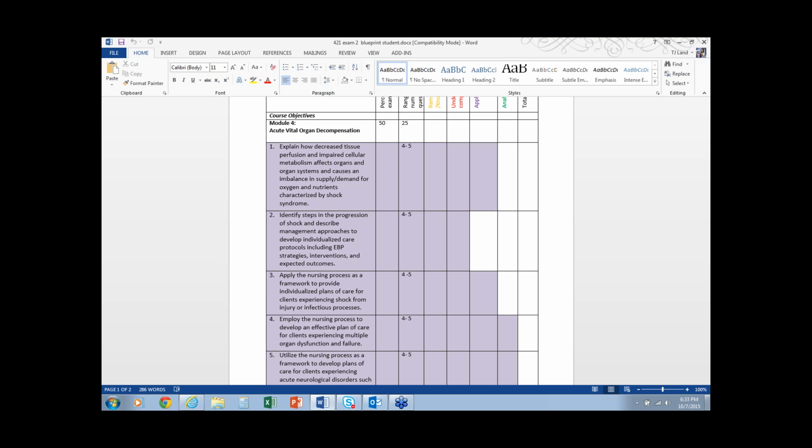Now, let's apply that to shock syndrome. Well, that's how this all starts. If we have a patient who has a MAP less than 65, we are not perfusing the kidney. Okay? And if we don't perfuse the kidney, we don't produce urine. Then eventually kidney damage occurs.